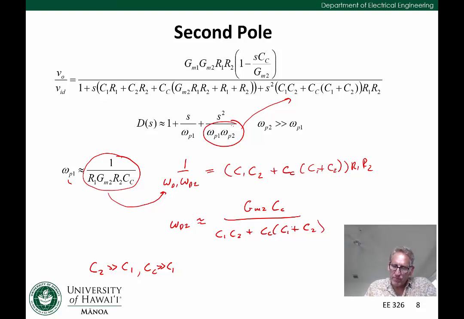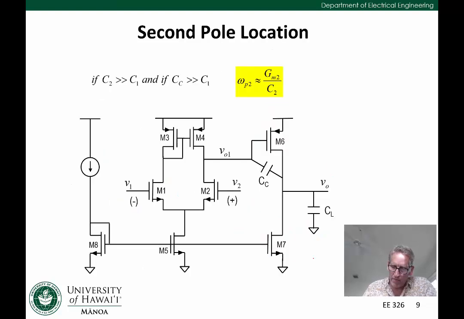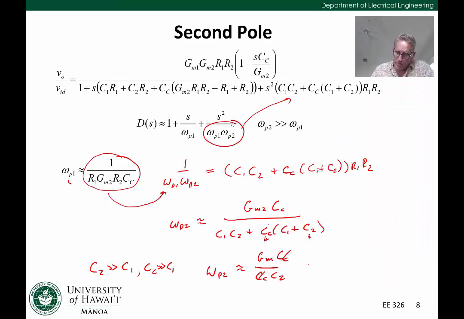If we do that, our dominant term becomes CC times C2, because those are the two large capacitances. Then omega p2 is approximately equal to GM2 CC over CC C2, and this goes away. So omega p2 is approximately equal to GM2 over C2.